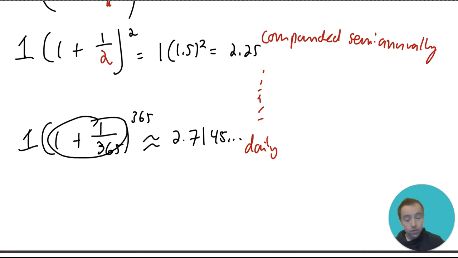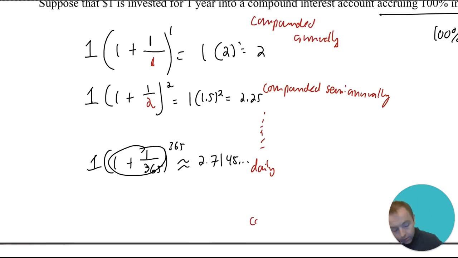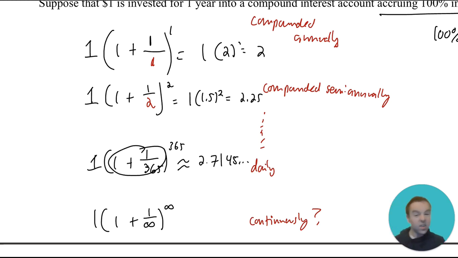So we could maybe even earn interest more frequently than daily, maybe by the hour or the minute or the second. So is it possible that we could even earn interest continuously? Meaning that we could add money into your account literally every moment of existence. So it would kind of look like 1 plus 1 over infinity, all to the infinity, sort of.